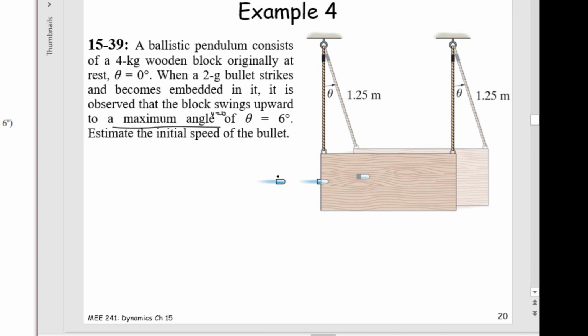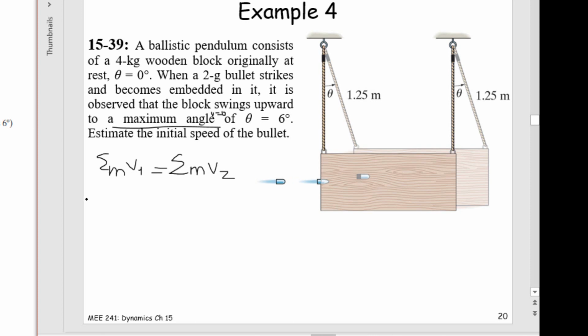So let's take this bullet as my system. What are the forces exerted on this bullet? Just before and just after collision, if I apply the linear impulse momentum, the linear impulse will be equal to 0. So for this system, the sum of mv1 is equal to the sum of mv at state 2.